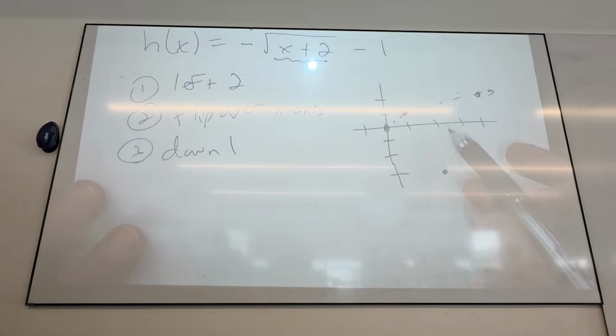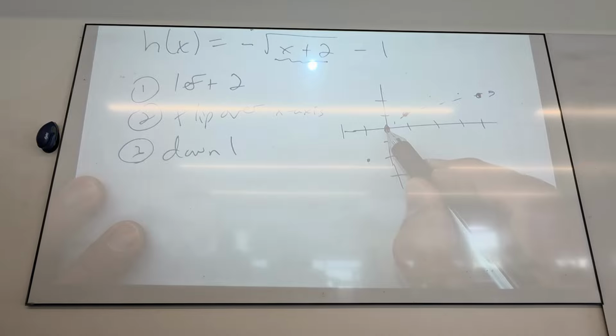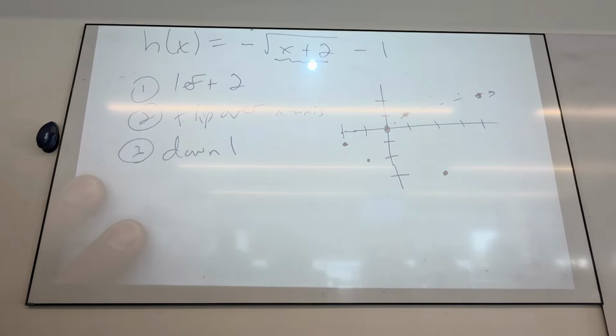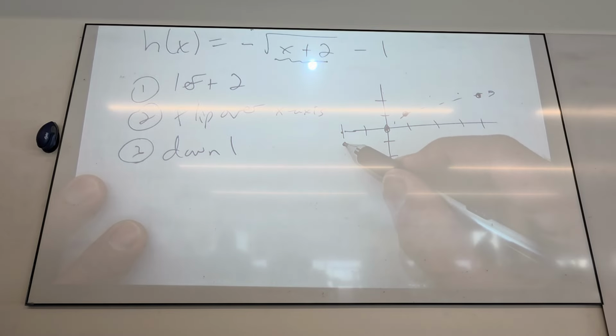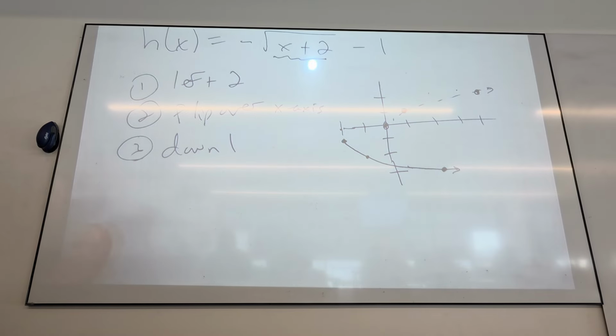Not a damn thing wrong with that. Take this point, left 2, flip over the x-axis, down 1. This point, left 2. If I flip over the x-axis, I go nowhere, down 1. It's going to have the same shape, it's just going to be reflected and moved back, so it's going to look like this.